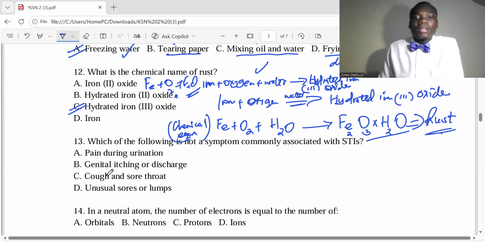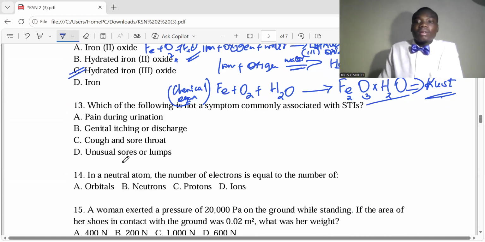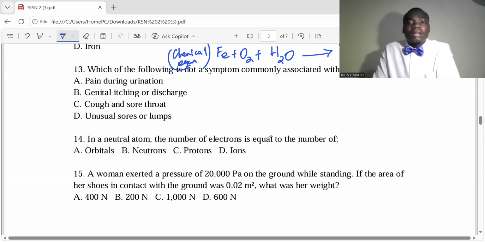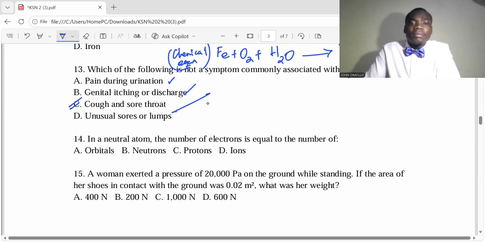Which of the following is not a symptom commonly associated with STIs? So STIs, these are sexually transmitted infections. So they involve the sex or their reproductive part. Pain during urination, that is true. Genital itching, that is true. Cough, no. Cough, this may be as a result of TB, which is a respiratory disease.